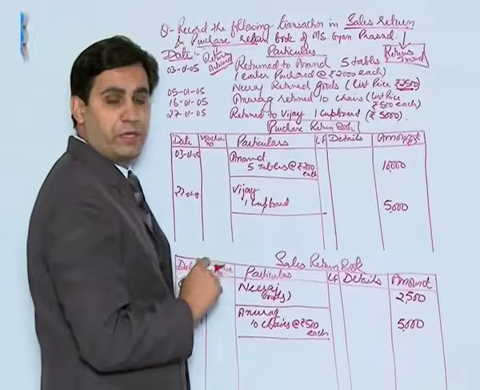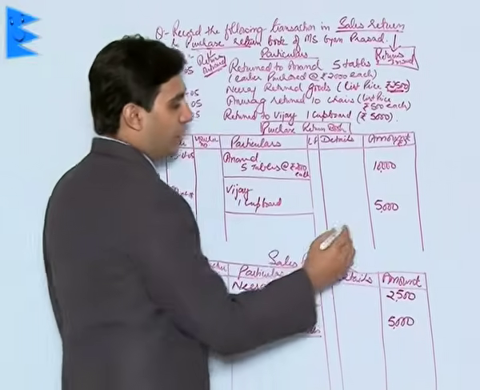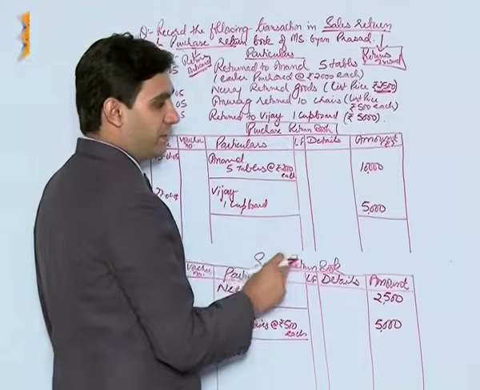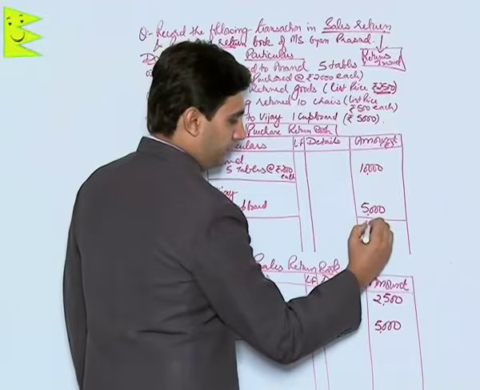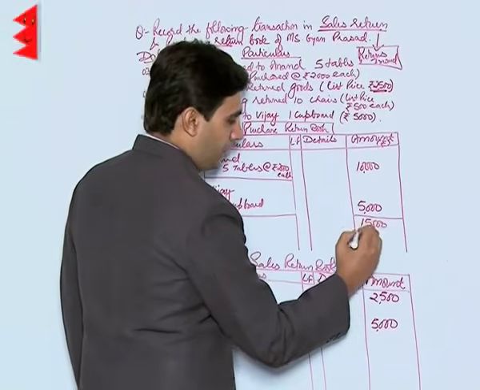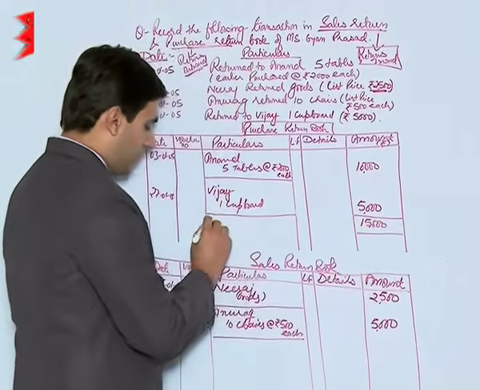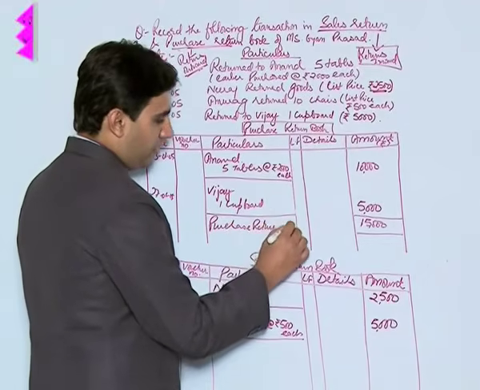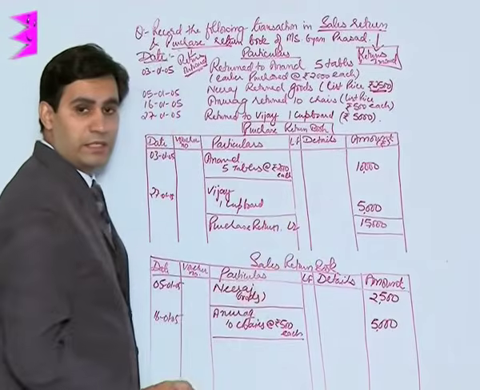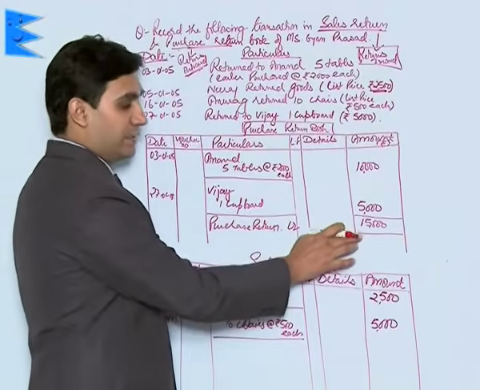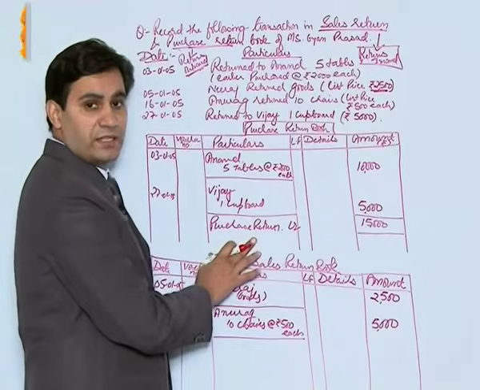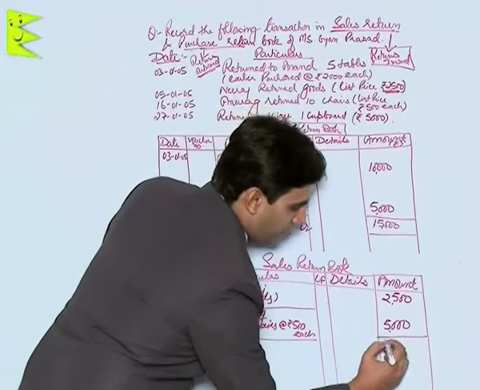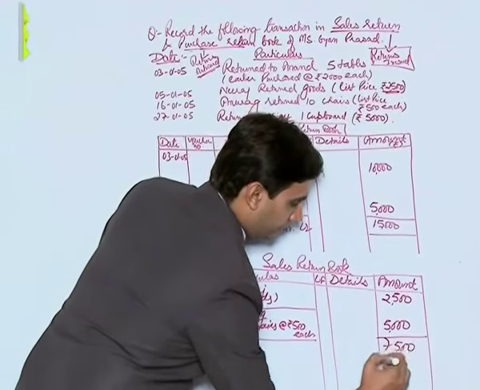Now all the entries have been recorded here. Let us total out and transfer the balances to their respective ledger accounts. In case of purchase return book, the total comes to 15,000. Now students, purchase return has a credit balance. So purchase return credited. That is, it would be posted from this side to the credit side of purchase return account. Coming to sales return book, the total comes to 7,500.